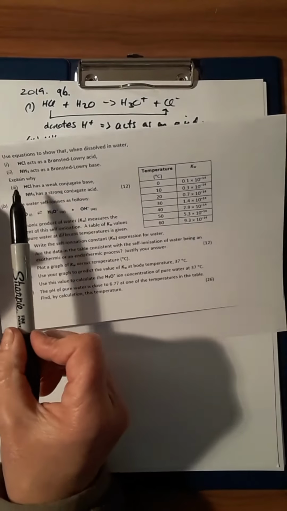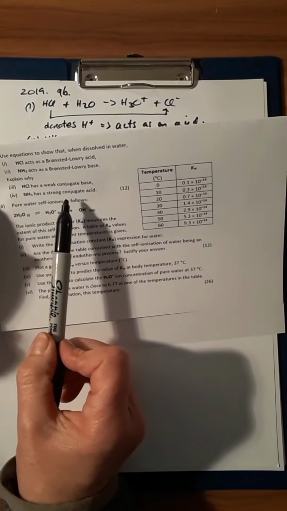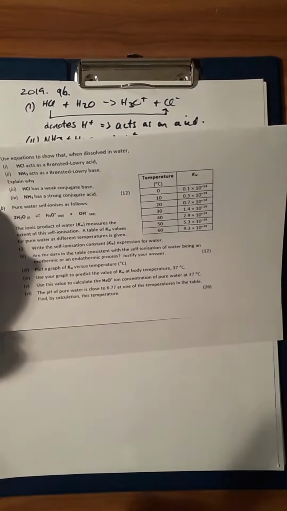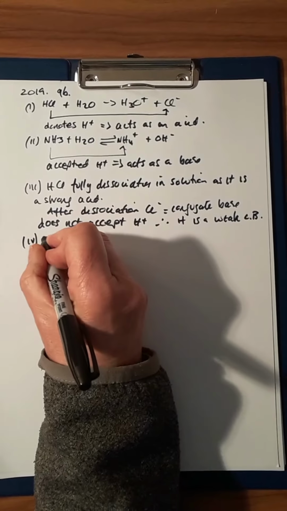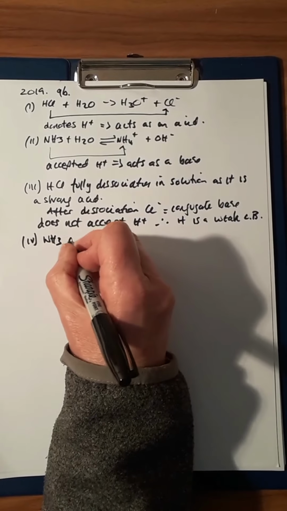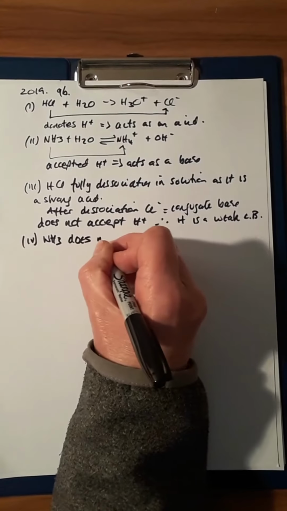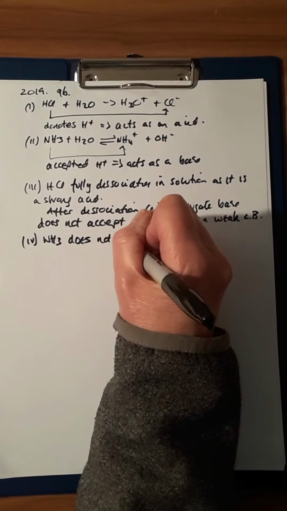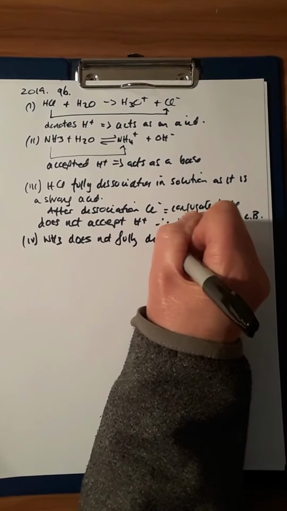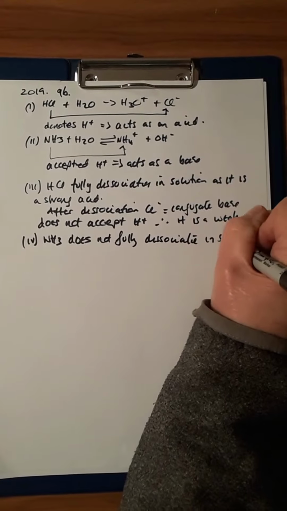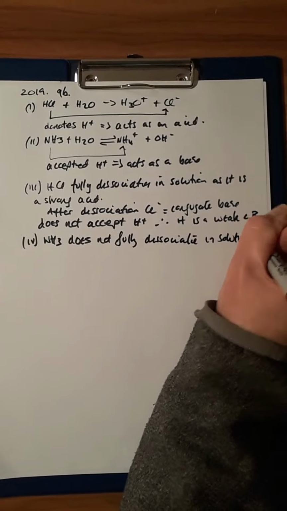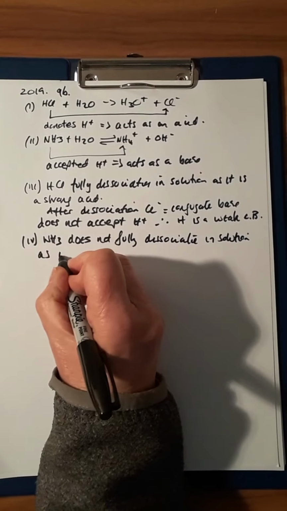And then it says, explain why NH3 has a strong conjugate acid. Okay, so the fourth part. NH3 does not fully dissociate as it is weak. So it does not fully dissociate in solution, as it is a weak base.